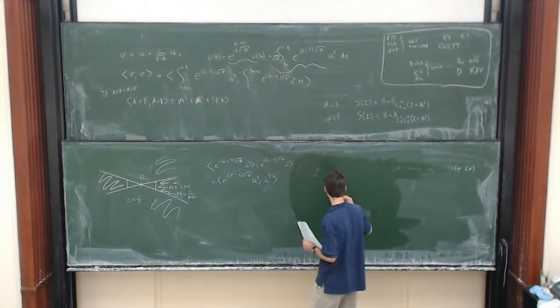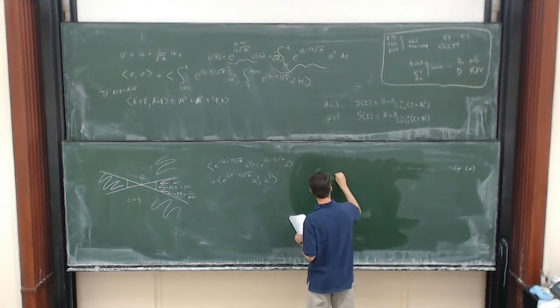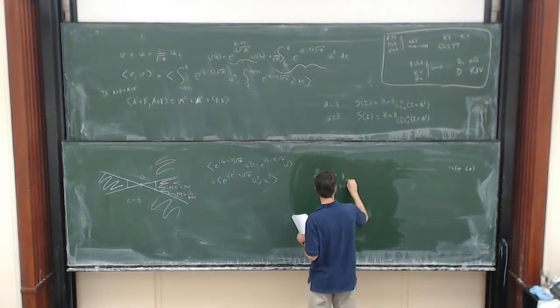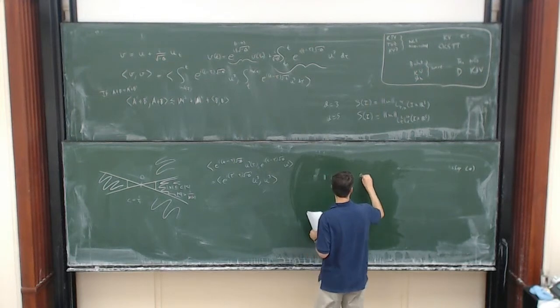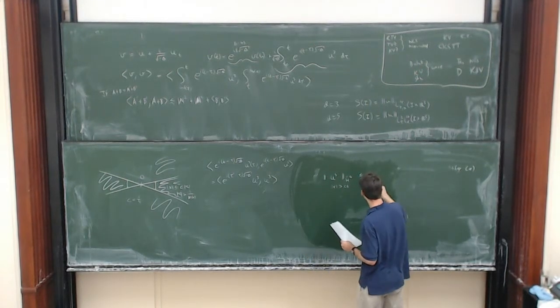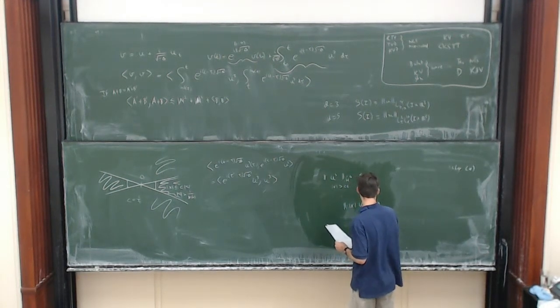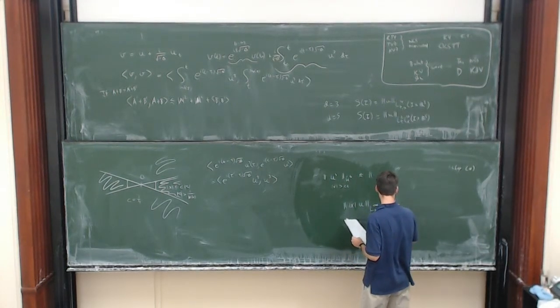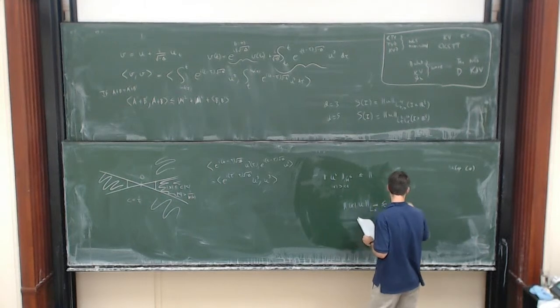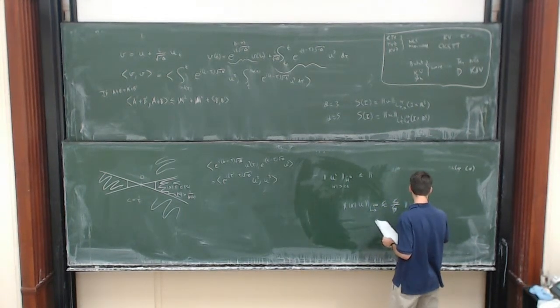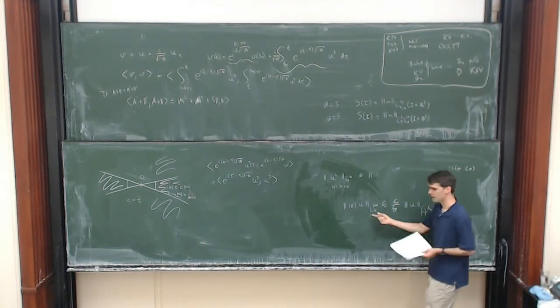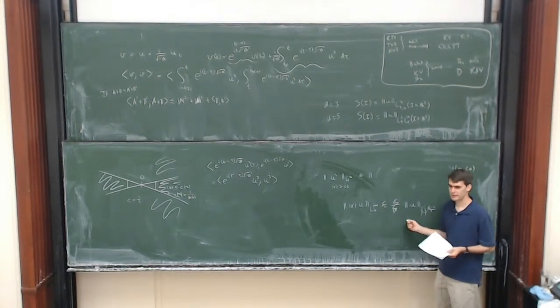So U cubed for x, so in radial data, we have this radial embedding in any dimension.